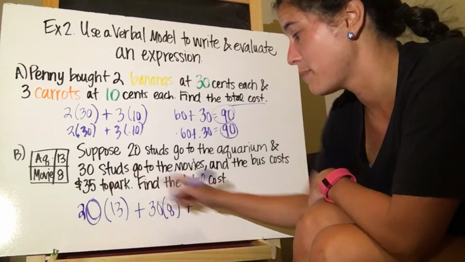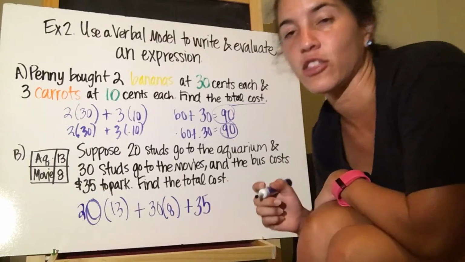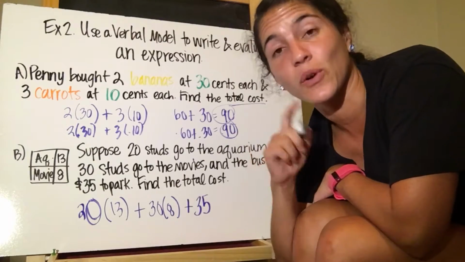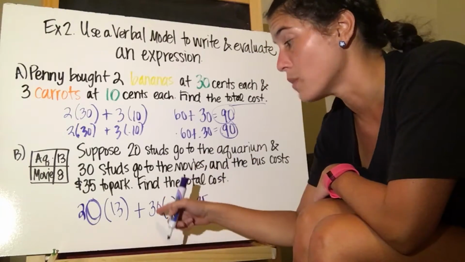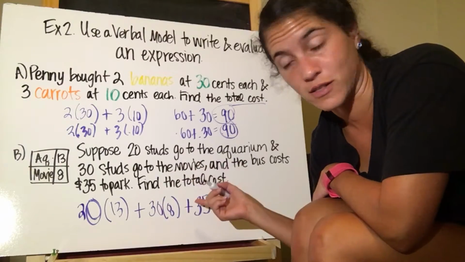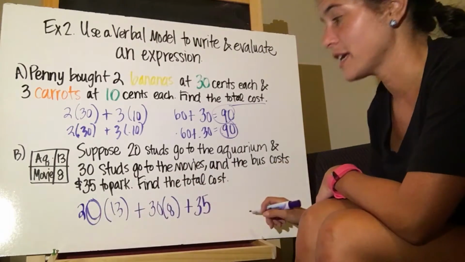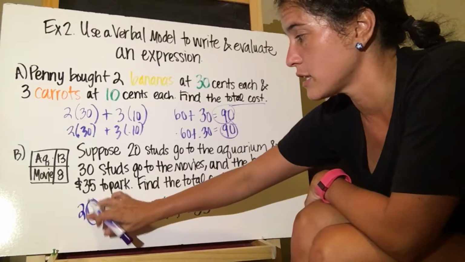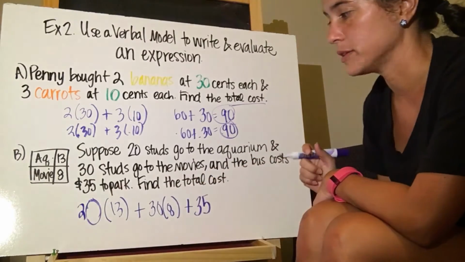Now, we only have one bus, so we just have to pay $35 one time. If we had 2 or 3 or 4 buses, then you would multiply the number of buses times the cost of the bus. Here is my expression that represents this problem.